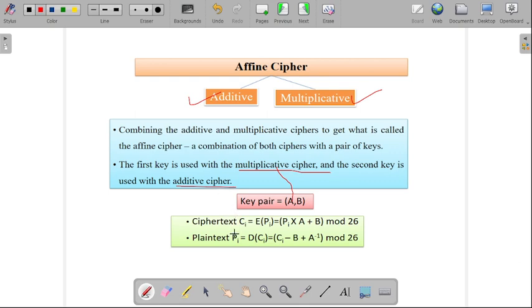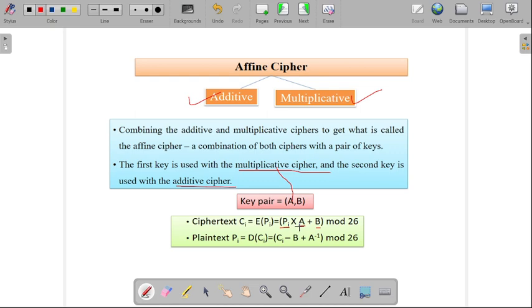Whenever we calculate the ciphertext, we use plain text into A, that is our multiplicative cipher key, plus B, that is our additive cipher key, mod 26. When we are multiplying, this term is called the multiplicative cipher, and when we are adding, this term is called the additive cipher.